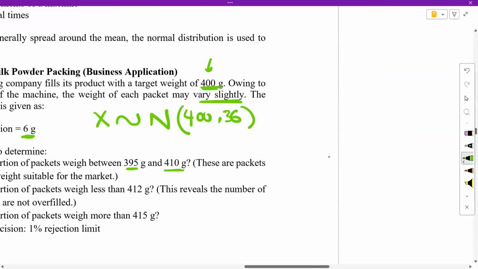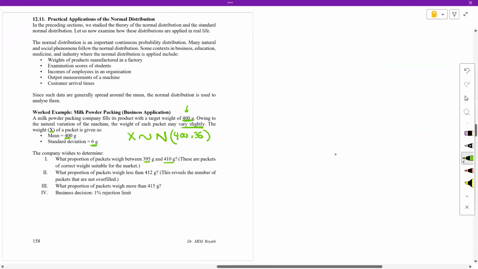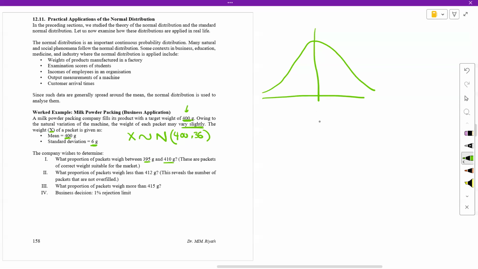As I told you earlier, when we deal with this kind of question, we have to sketch the normal distribution curve. Remember, the mean value is always 0 in Z, here in the middle, and here 400 grams.